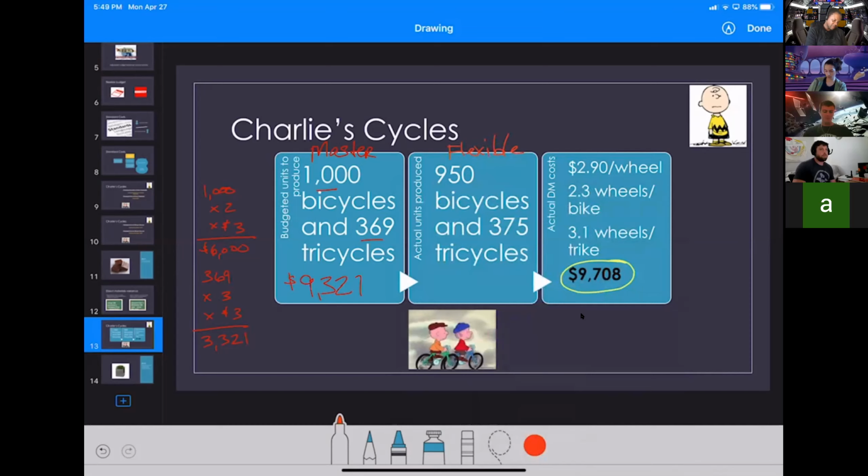So here we're going to take 950 times 2 times $3 per wheel, and 375 tricycles times 3 wheels times $3 per wheel.